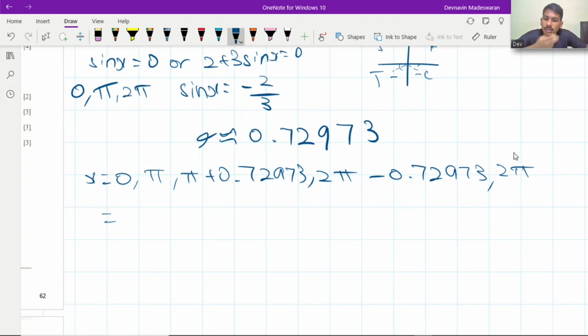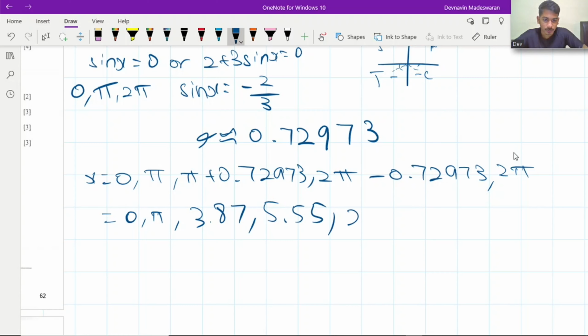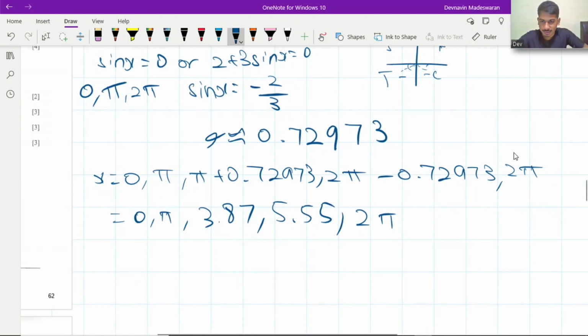Let me calculate. Pi plus that thing, 3.87, and then we have 2 pi minus that thing, 5.55, and then 2 pi. Oh, this is tiring. Okay, so these are the answers.